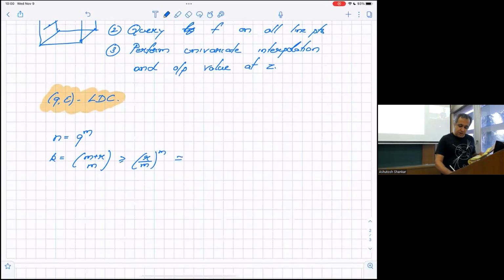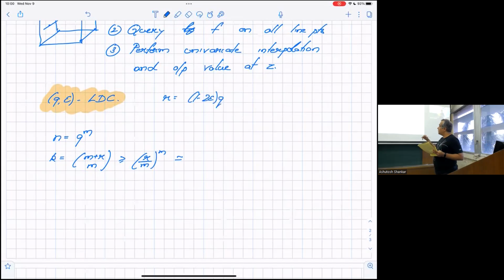For our setting of parameters, r was chosen to be 1 minus 2 epsilon times q. Therefore, this is exactly equal to 1 minus 2 epsilon by m, the whole power m, with a q to the power m that goes out, that's n. So this is the rate of the code.